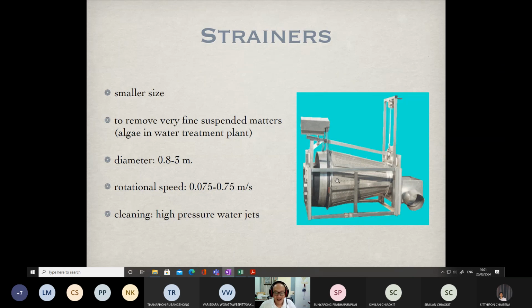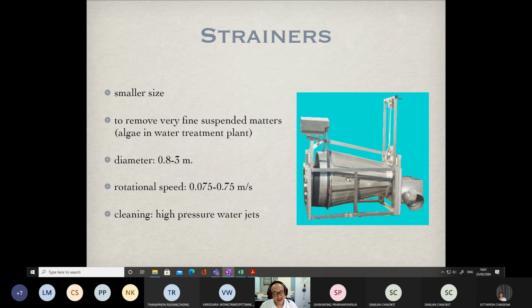Like a drum, water gets into the screen through this pipe, and water will enter the screen inside. Water will get inside the drum, and only liquids will pass through the opening areas which are around this drum. There are some small holes around this drum.